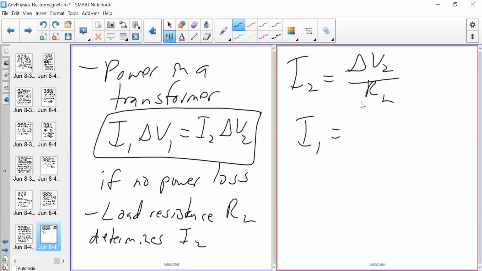I1 would be I2 delta V2 over delta V1, because RL is delta V2 over I2.